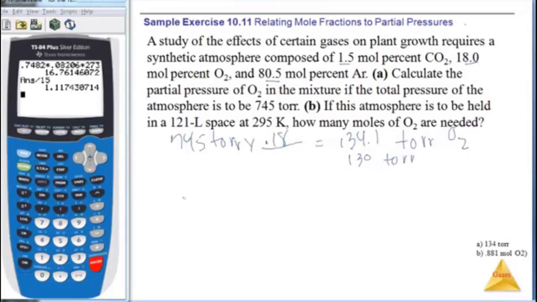Okay. B, if the atmosphere is to be held in a 121 liter space at 295 K, how many moles of oxygen are needed? Okay, so all I'm going to do is take my torr that come from oxygen, and I'm going to convert this to atm by dividing by 760 torr. And when I do that, I get 0.1764 atm.